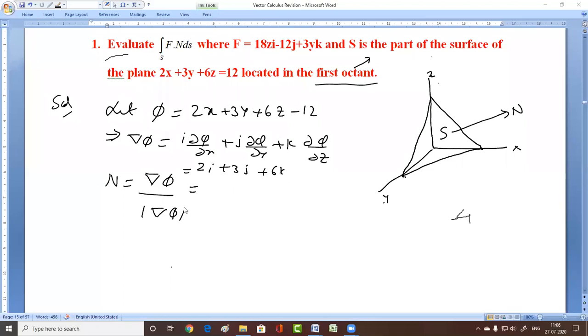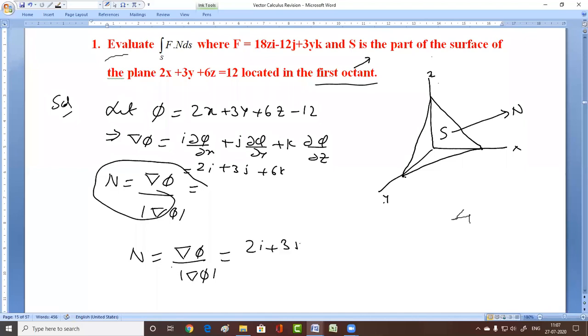Now unit normal, I will write here. Unit normal n equals del phi by mod del phi. Del phi is 2i plus 3j plus 6k, divided by the square root of 2 square plus 9 plus 36, which is 2i plus 3j plus 6k by root 49, that is 7.